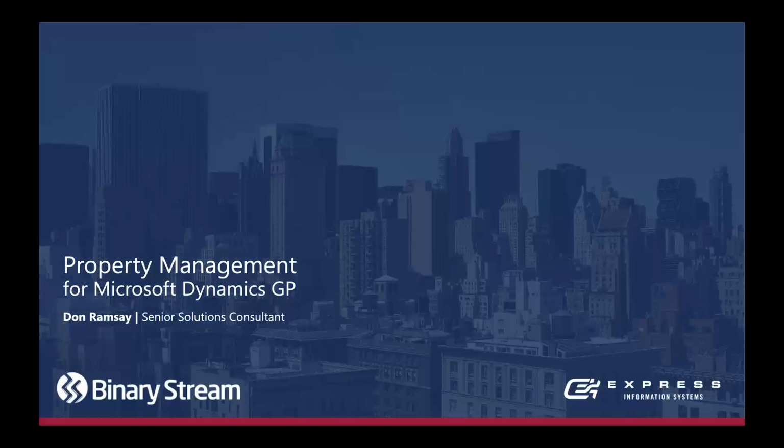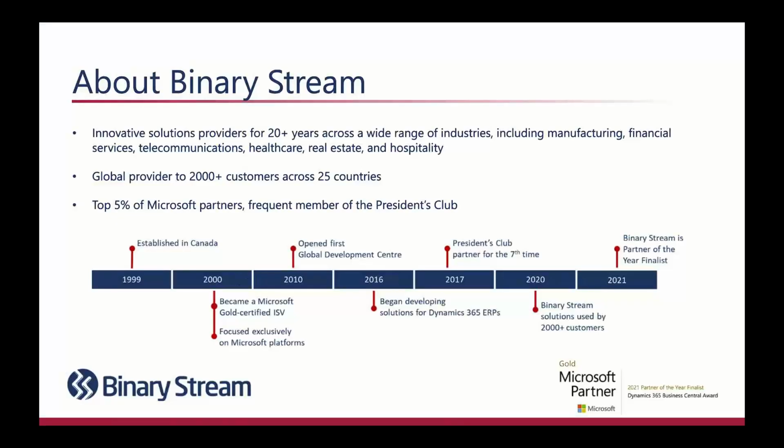Let's start by giving you a bit of an overview of who we are as a company. Binary Stream is one of the largest ISVs in the Dynamics GP world. We've been around for 20 some years. One of our products has over several thousand customers. Property management has been around about 15 years, and it's very popular as well. So we provide solutions that embed directly in the ERP.